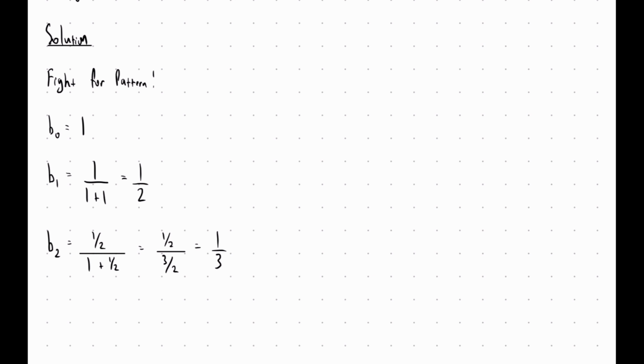B_3 is 1/3 divided by, let me write my fractions a little bit better so they don't look like division, 1 over 3 over 1 plus 1/3.